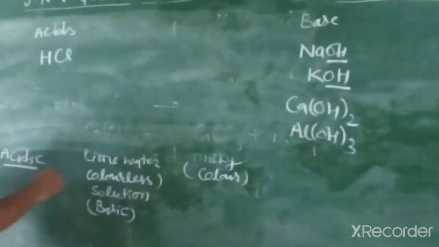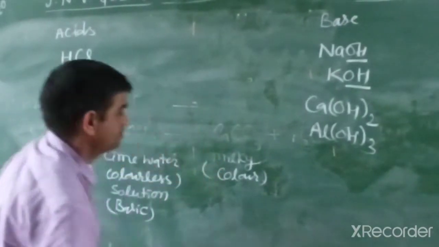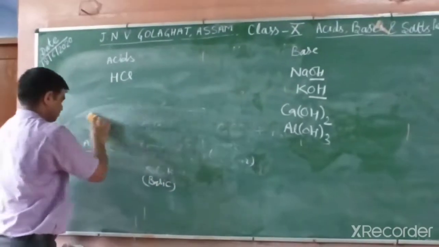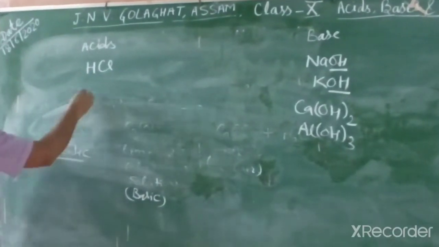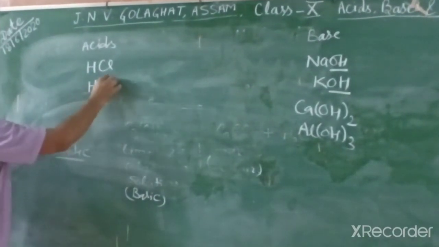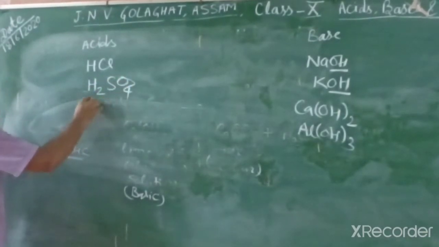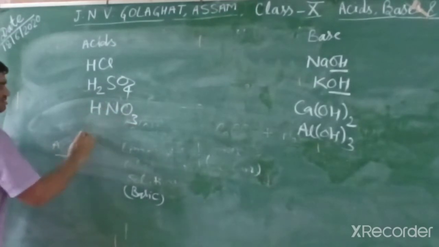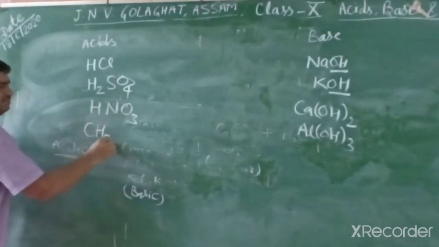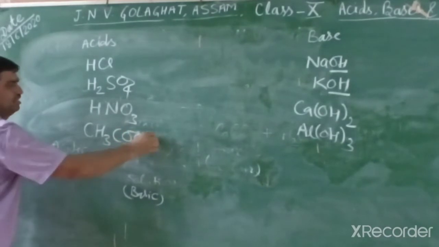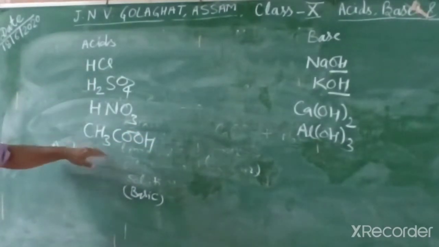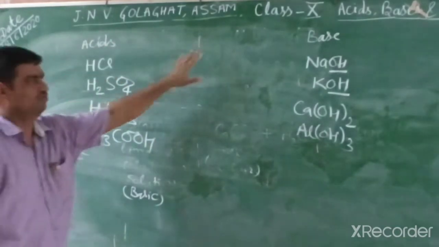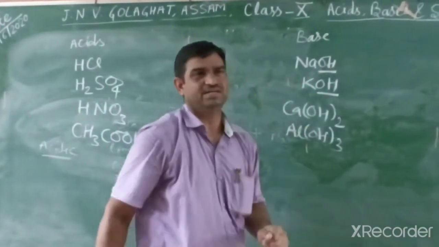In acids, HCl has hydrogen ion, and sulfuric acid also hydrogen, nitric acid also hydrogen, acetic acid also hydrogen. What is common between these acids and bases? All acids have hydrogen and all bases have hydroxyl ion.